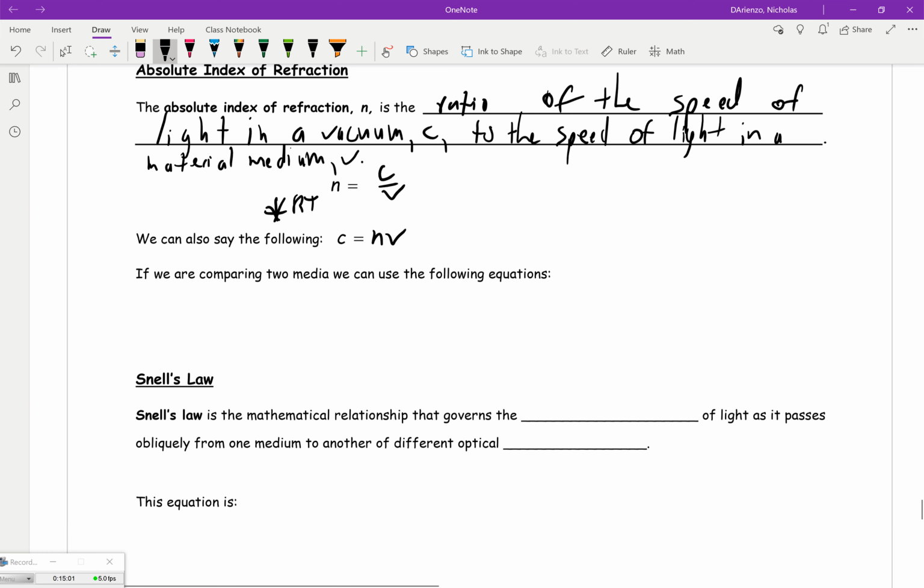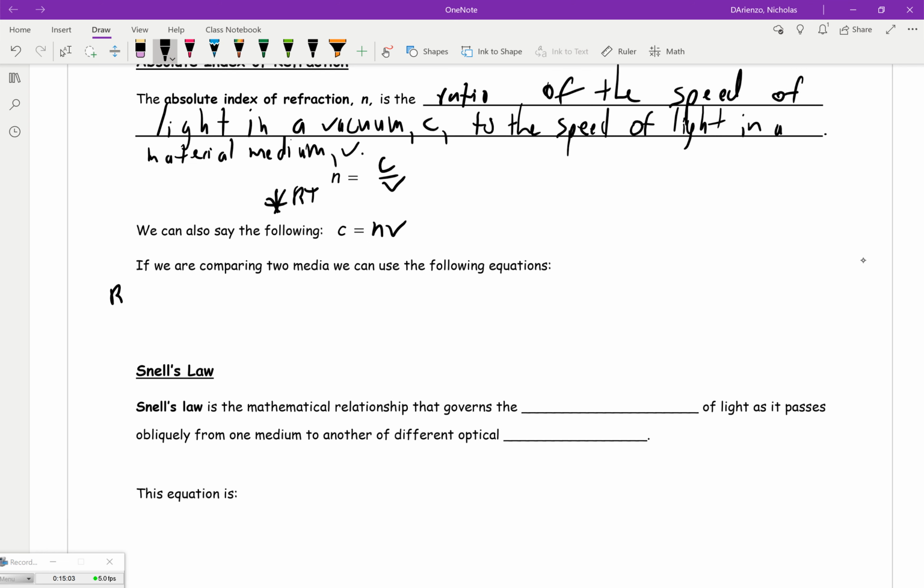Now, for comparing two media, we can use a couple different equations, and these are on your reference table.